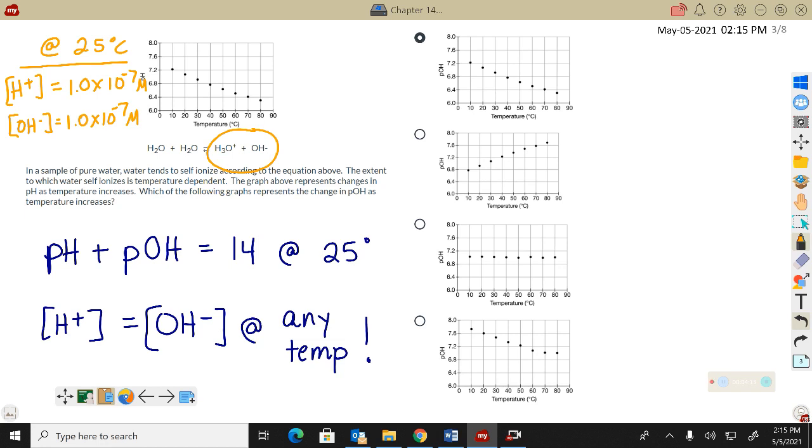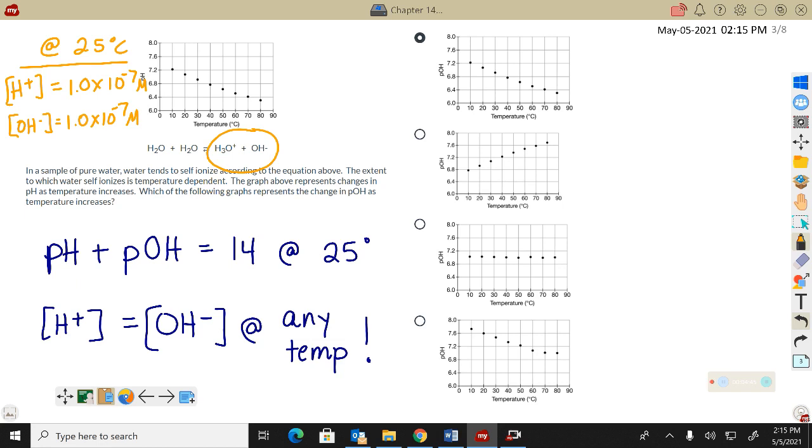At 25 degrees, it's 10 to the negative 7th moles per liter, which is why the pH is 7. The pOH would also be 7 at 25 degrees. And that's where we get pH plus pOH equals 14 at 25 degrees. But no matter what the temperature is, hydrogen or hydronium and hydroxide will always be the same.